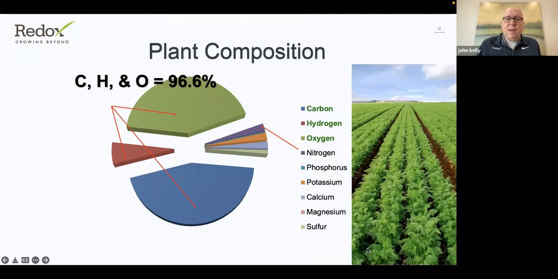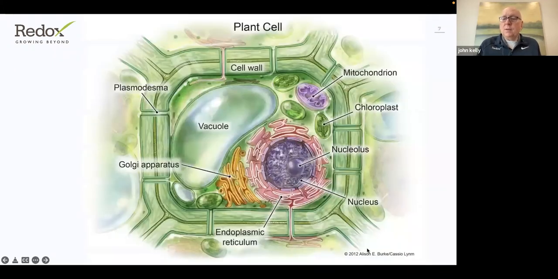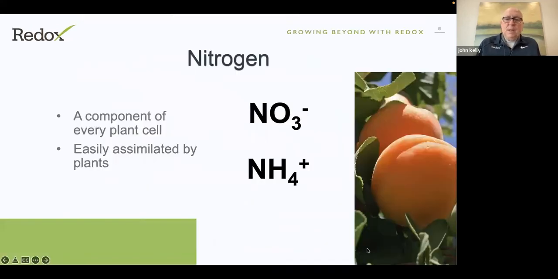However, it's a component of each and every plant cell. Nitrogen is assimilated in two basic forms: a negatively charged nitrate form or a positively charged ammoniacal form. As a rule, it is quite easily assimilated by plants.